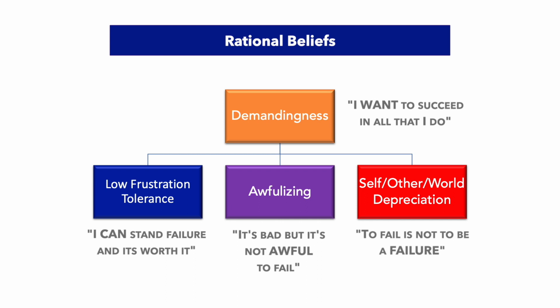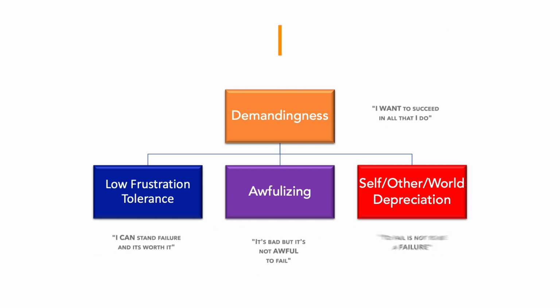There is no evidence to support that you cannot stand or tolerate something. Recognize when situations are bad but not awful. Work on unconditional acceptance for yourself and others, rather than thinking you are a complete failure or people are completely bad if they don't show you respect, for example.